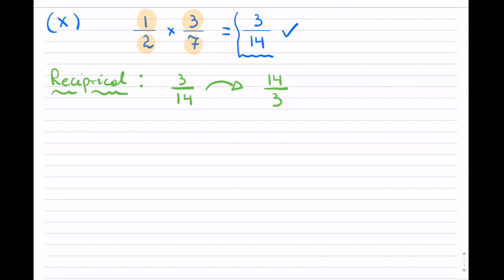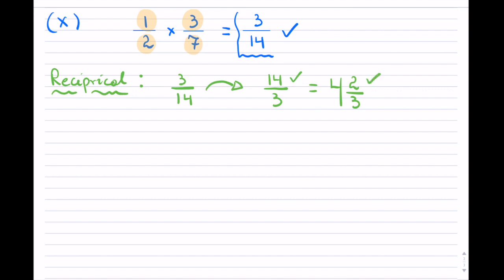Now, sometimes depending who maybe your teacher is or what you want to do, because this answer is improper, you can always change it back into a mixed number and a proper fraction. 14 divided by 3 is 4, and then the remainder is 2, and our denominator stays the same.